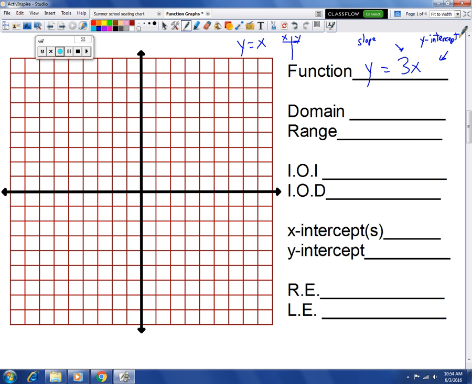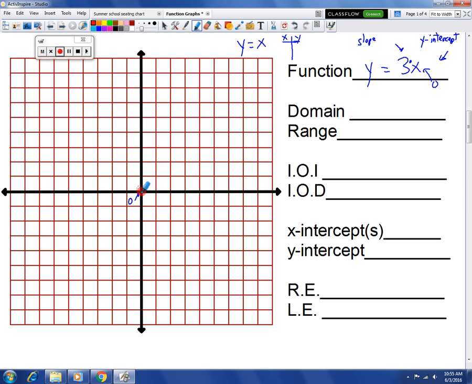I could say, let's pick some x values and plug them in, and that would be pretty easy to do. We can pick x equals 0. When I pick x equals 0, it's 3 times 0, which is still 0, so my y value is 0. I have a point right there at the origin.